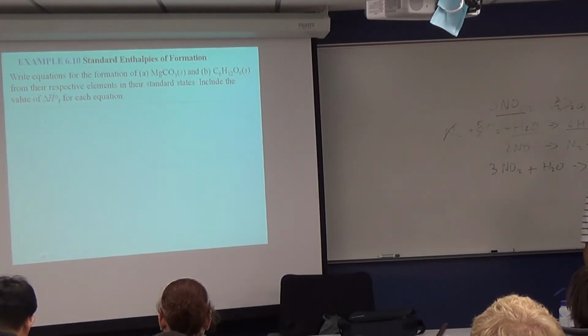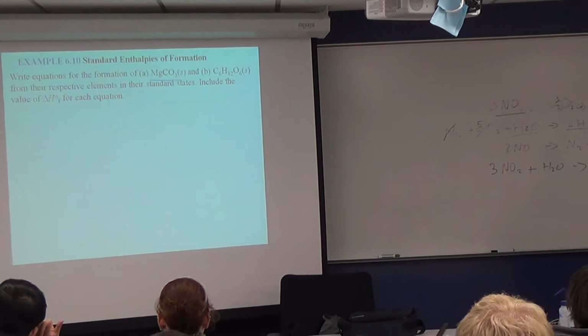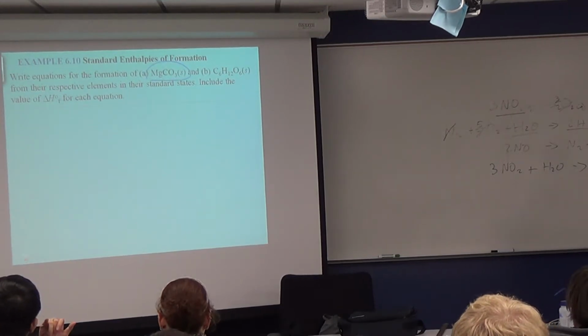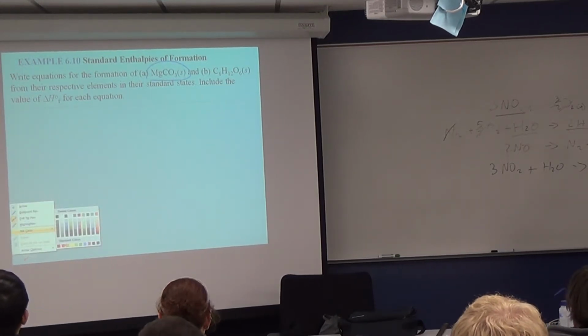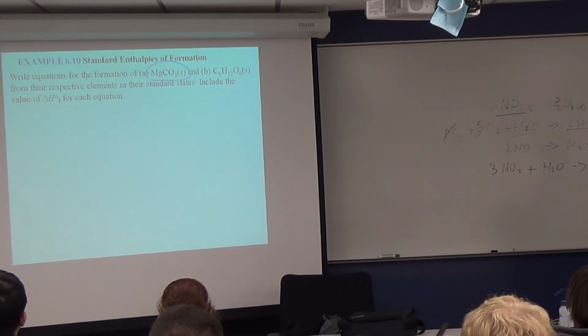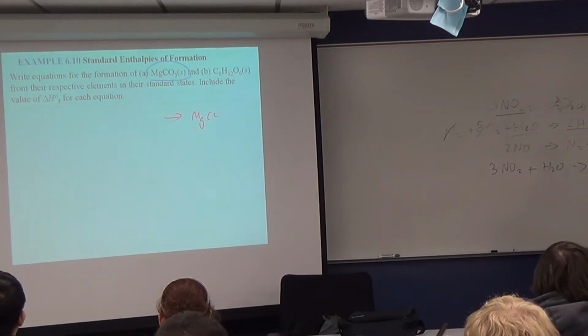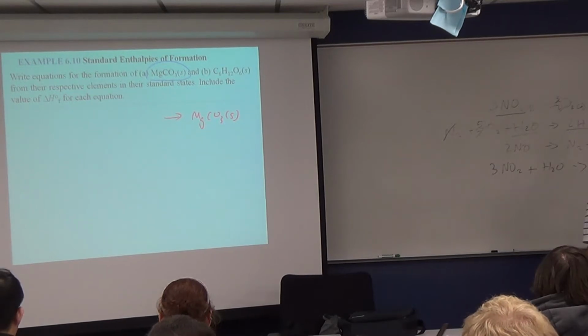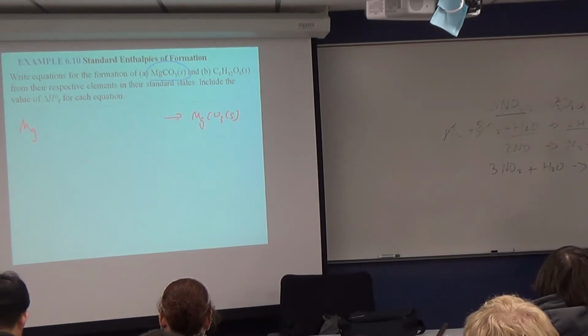So carbon practice. If I want you to write this, what will be our product? It will be MgCO3, solid. So what elements do we need? Obviously we need magnesium. What else? Carbon.